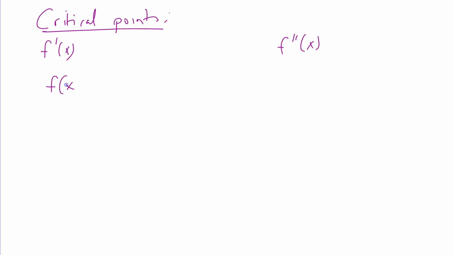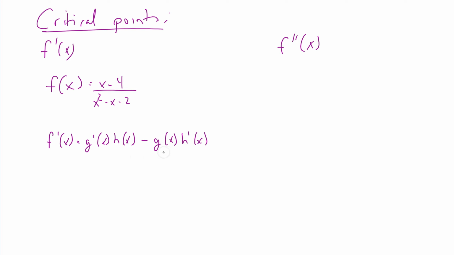So we have f of x is equal to x minus 4 over x squared minus x minus 2. To derive this, we must use the quotient rule. So we know that f prime of x is equal to g prime of x times h of x minus g of x times h prime of x, divided by h of x squared.